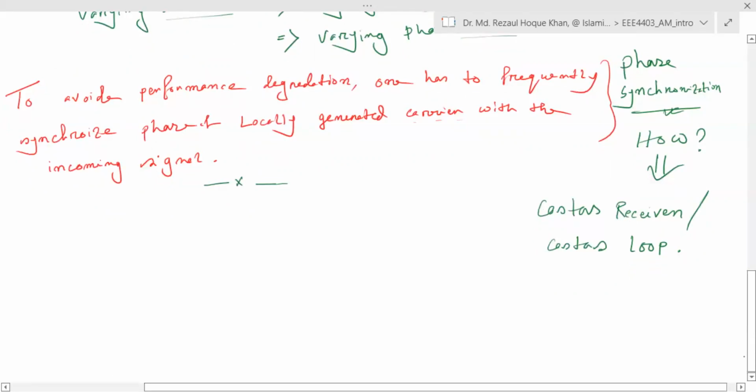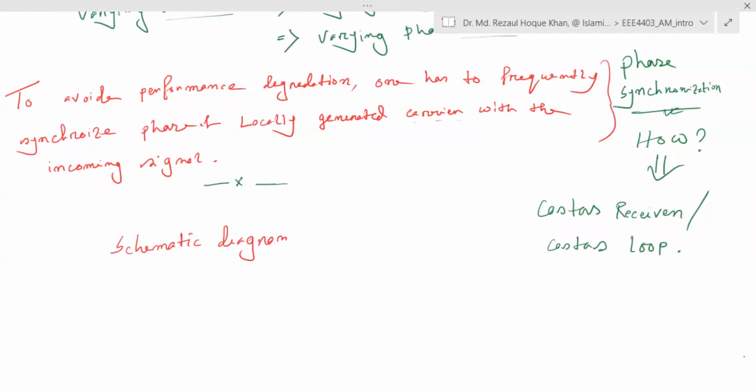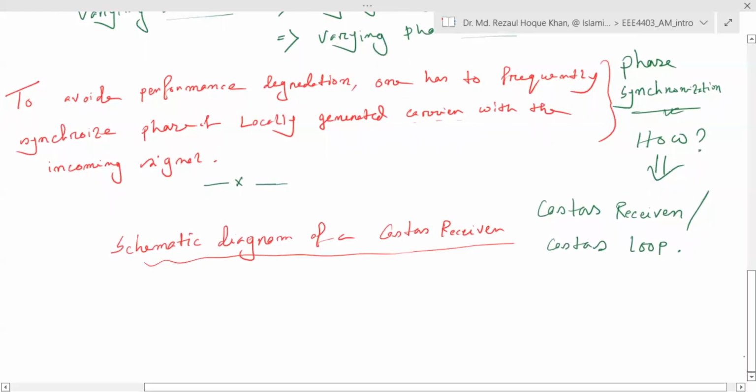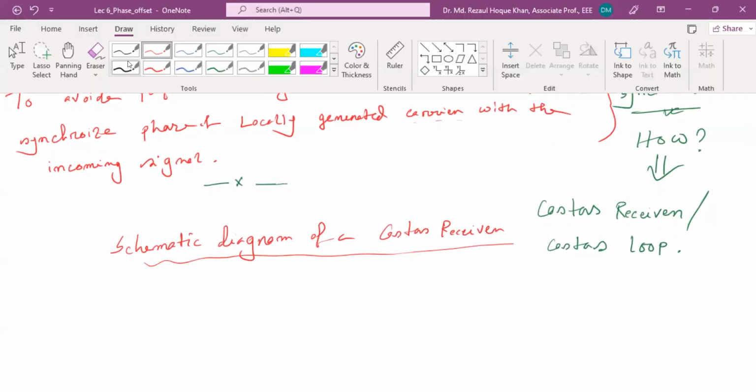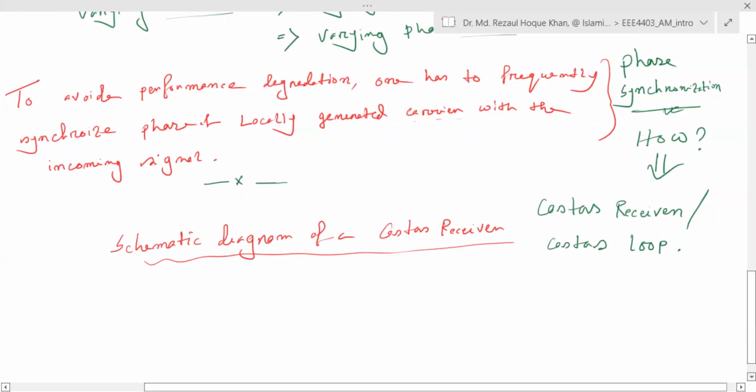So let us draw a schematic diagram of a Costas receiver. How does it look in schematic?